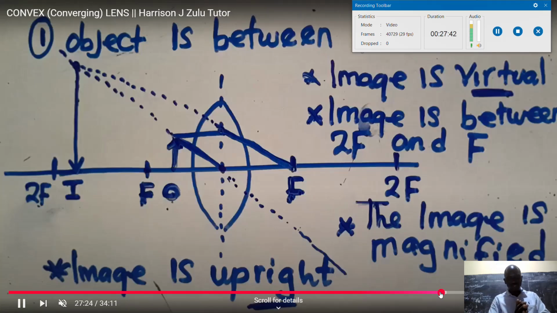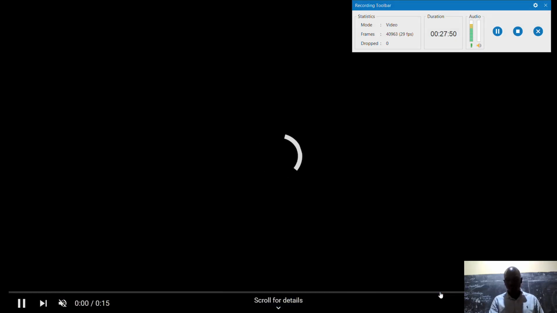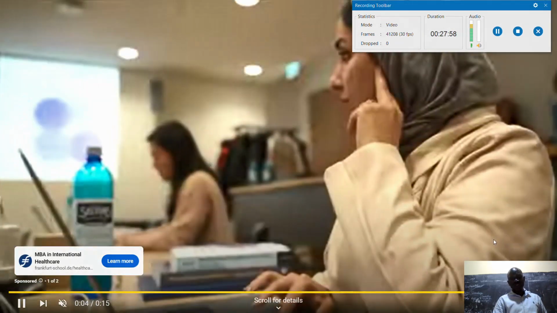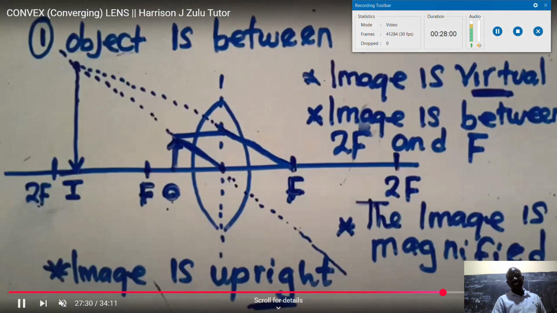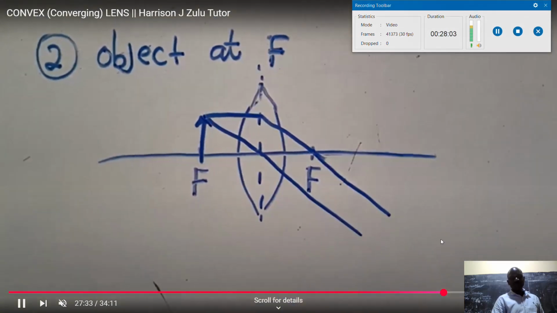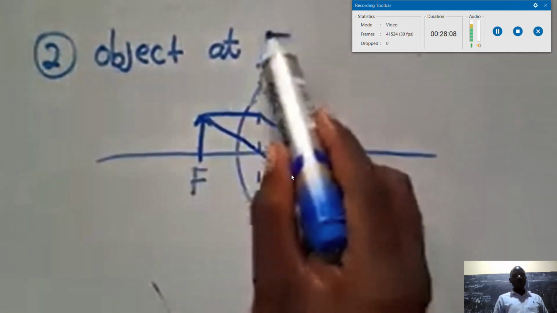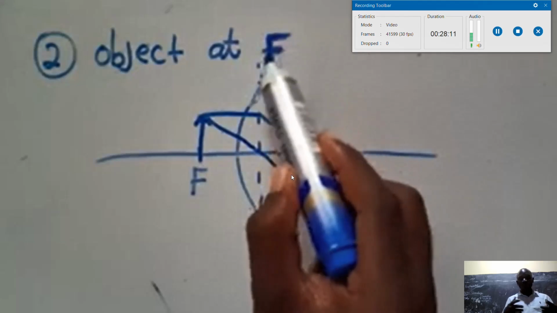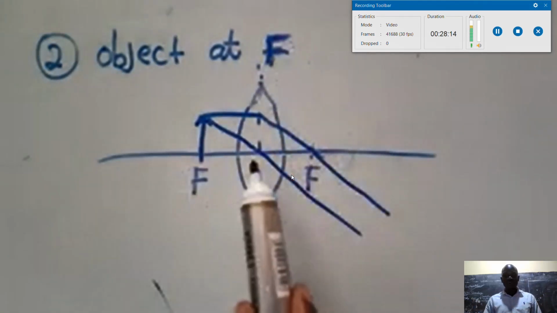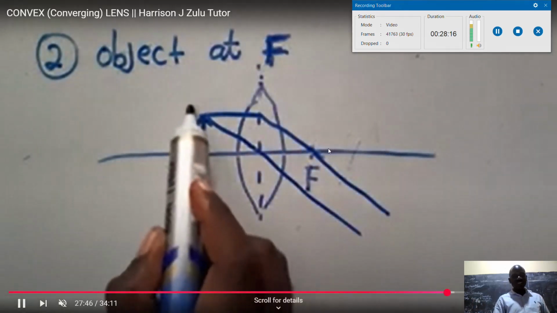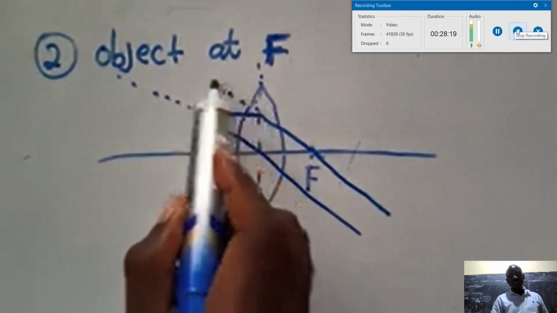Now, since I have looked at where it is between F and C, I'm going to ask you, where will the image be formed when this object is beyond, or after, 2F? After that, next I want you to begin with this: when the object is at F, where can the image be formed? And here I have just started with the two rules.